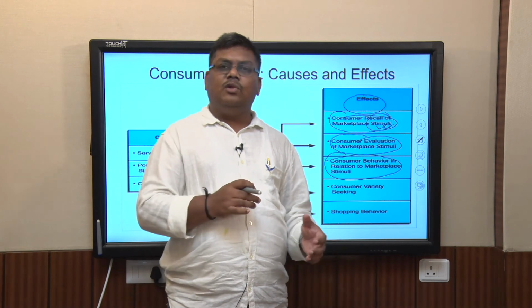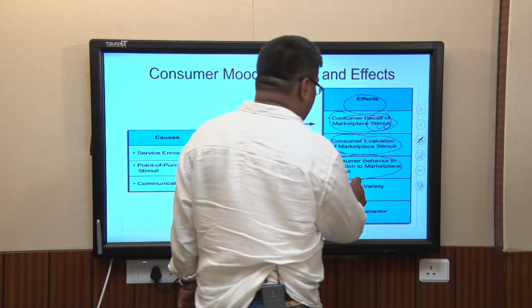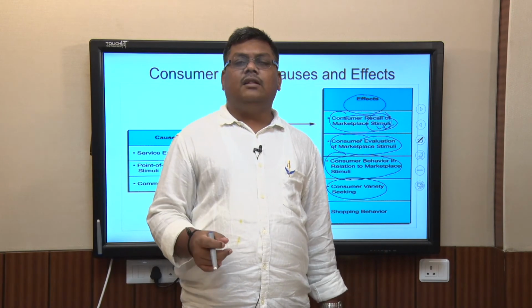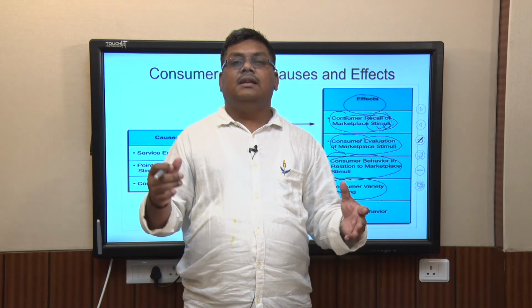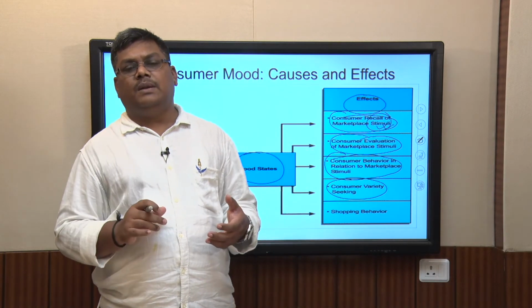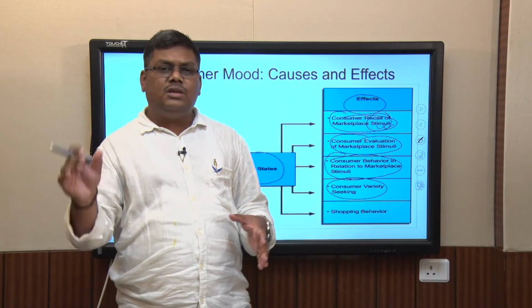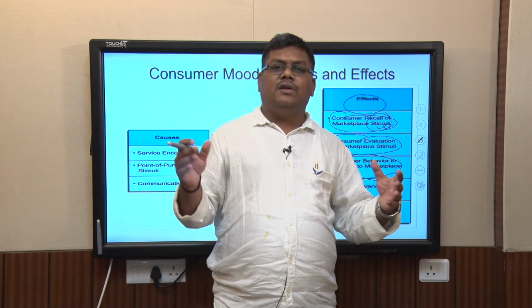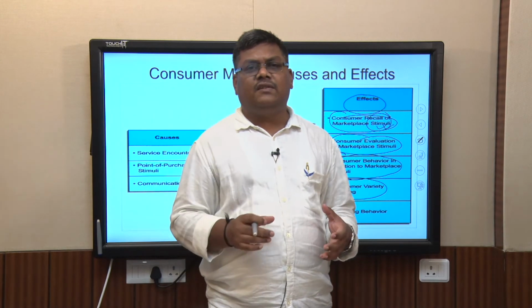On the other hand, negative mood decreases it in a certain way. Consumer variety seeking: the more positive the mood that is set in the marketplace, the more the consumer looks for variety. The better the marketplace in terms of its aesthetics, the music being played, the kind of people there, the whole situational as well as environmental phase.